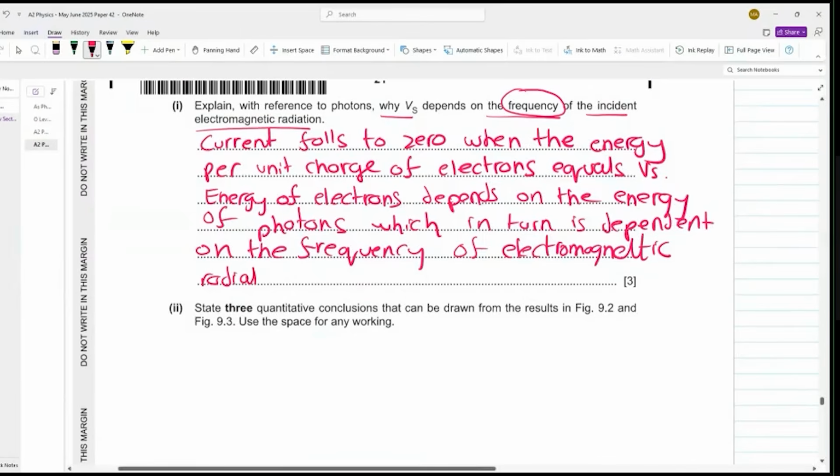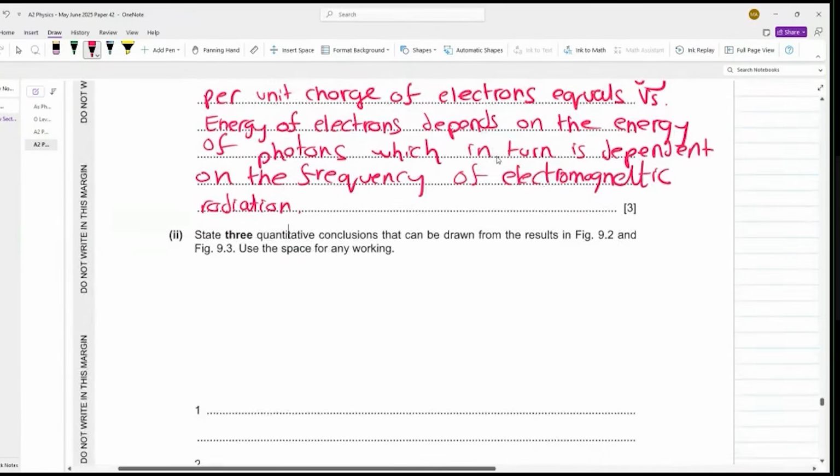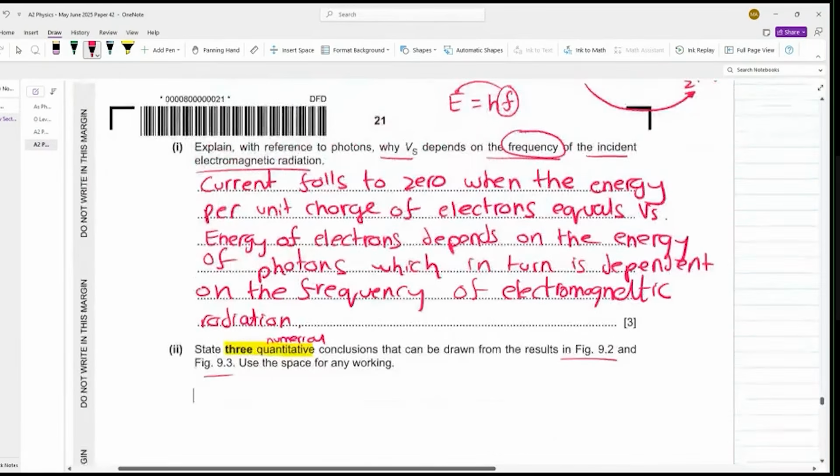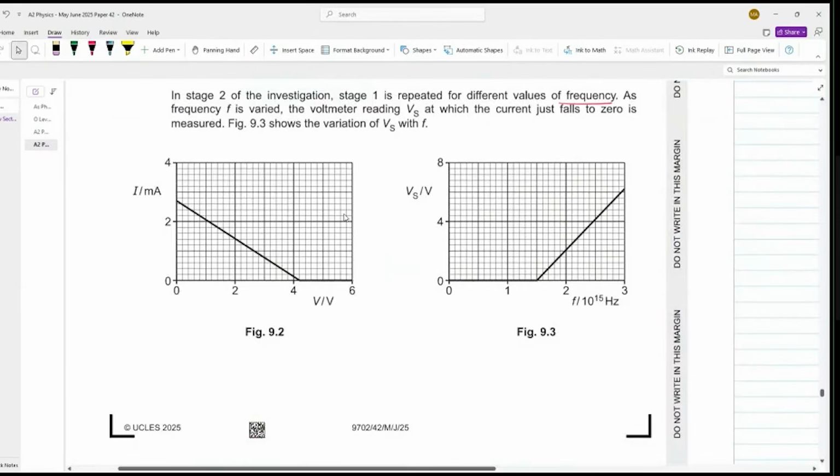Let's move ahead. State three quantitative conclusions that can be drawn from the results in figure 9.2 and 9.3. We have to draw three quantitative, numerical conclusions from the results in figure 9.2 and 9.3.